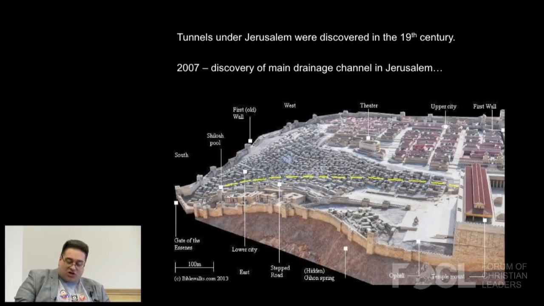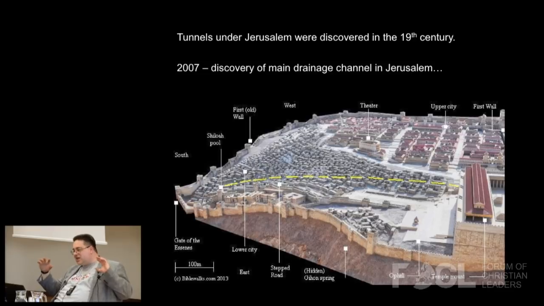But here archaeology has something interesting to say. We've known since the 19th century that there are various tunnels underneath Jerusalem, in the rock underneath Jerusalem. There's a tunnel, a main drainage sewer there in yellow lines that runs all the way from the temple down to the south, for example.